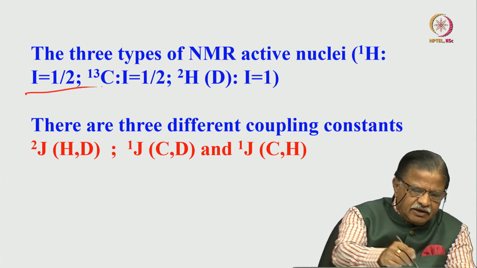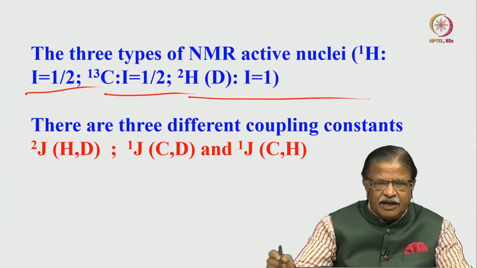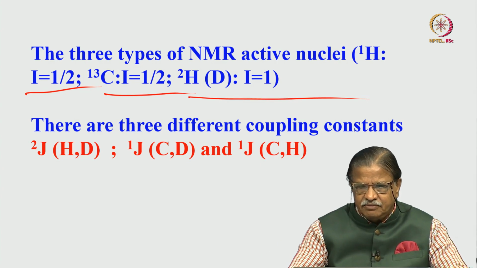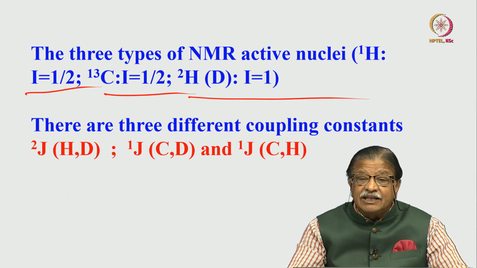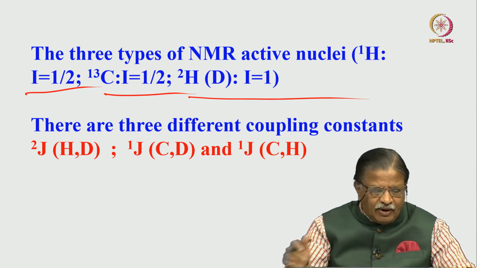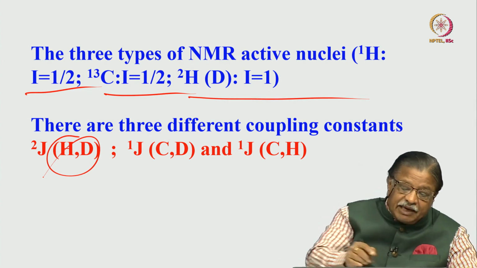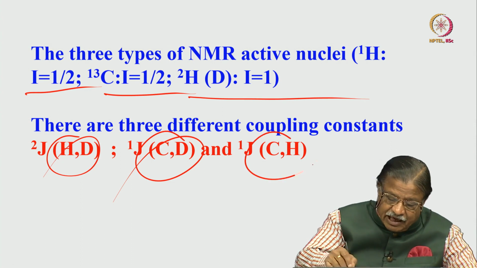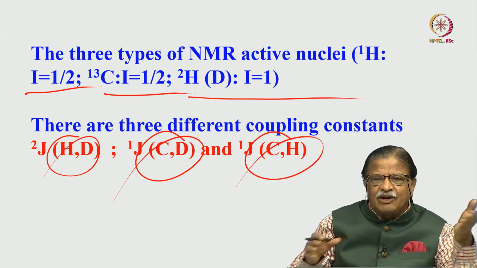Proton, its spin is half; carbon 13, spin half; and deuterium, spin is 1. There are 3 nuclei in CH2D2, a small molecule. And what are the couplings you can think of? There can be a coupling between proton and deuterium, between carbon and deuterium, and also between carbon and proton. So 3 different couplings are there, and all 3 are heteronuclear.